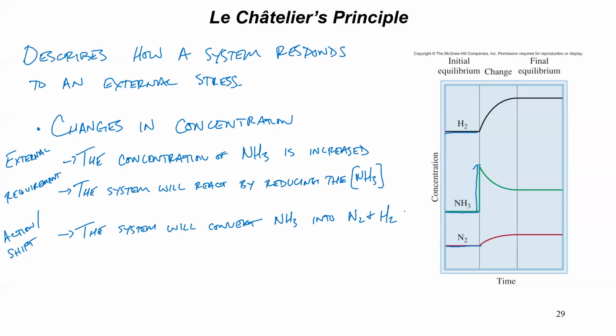If we did, we could be a little bit more specific about how we're converting product into reactant or reactant into product. But generally speaking, we're converting something into either a reactant or a product into either a product or a reactant. So that's a concentration change.